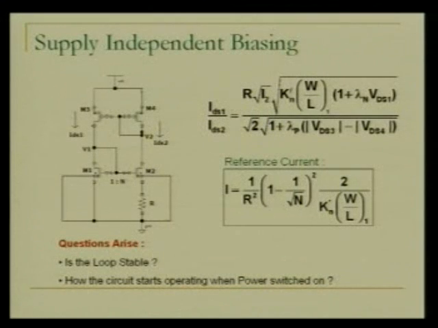If both are 0, IDS1 equals IDS2, so both of them can be 0, this is one of the solutions, but you need to fix it to one particular value, right. So how will this work?